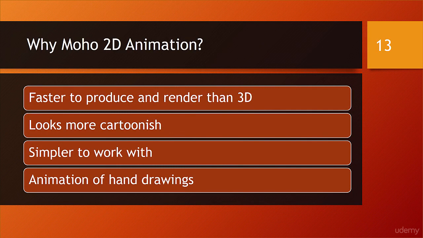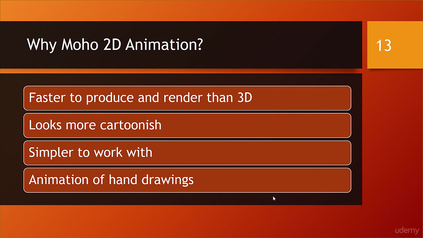For one thing, it's faster to produce and render than 3D. 3D takes a lot of machine resources, and it takes a lot of time to render things. It looks more cartoonish than the more realistic 3D animation. It's also simpler to work with, and you can use it to animate hand drawings by scanning them and then tracing them.